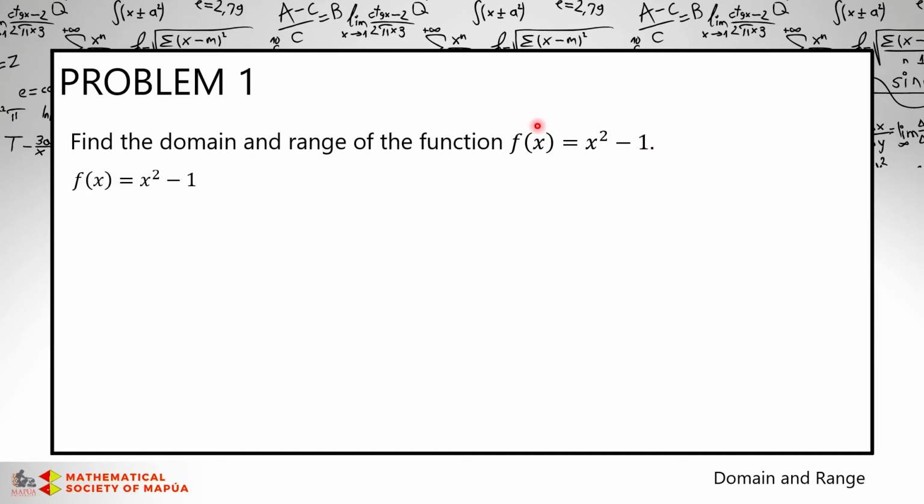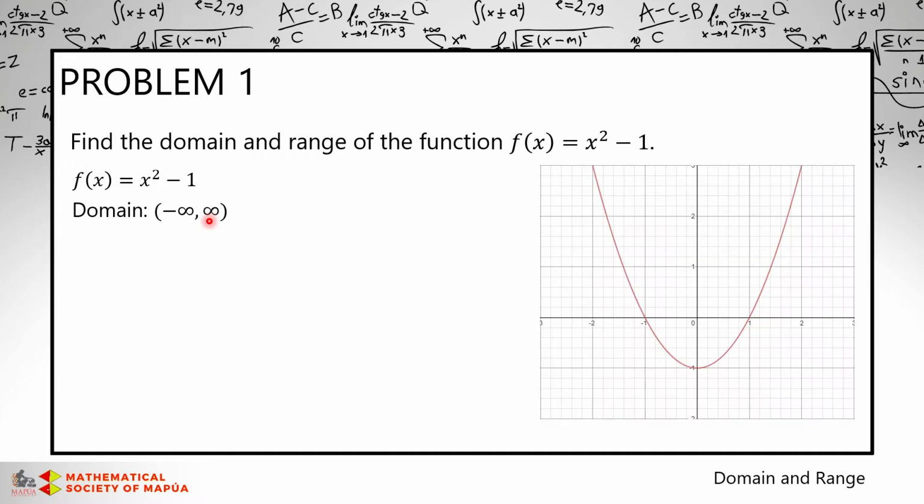Ibig sabihin, from this function, ang domain mo is all real numbers. Kasi kahit anong value ng x, pwede mo i-substitute dito and defined yung magiging sagot. So, in this kind of notation, ang magiging domain mo is from negative infinity to positive infinity. Or, ayun nga, all real numbers yung domain mo.